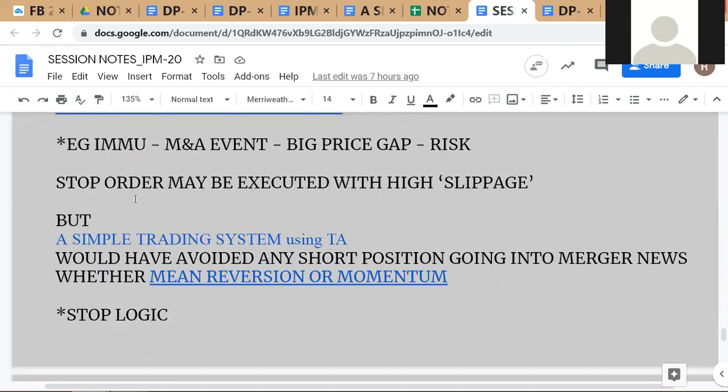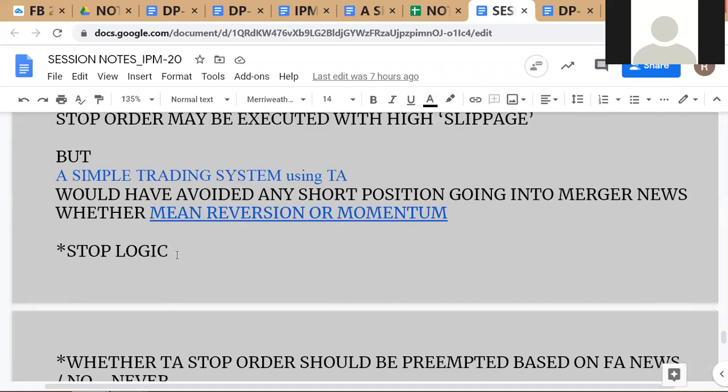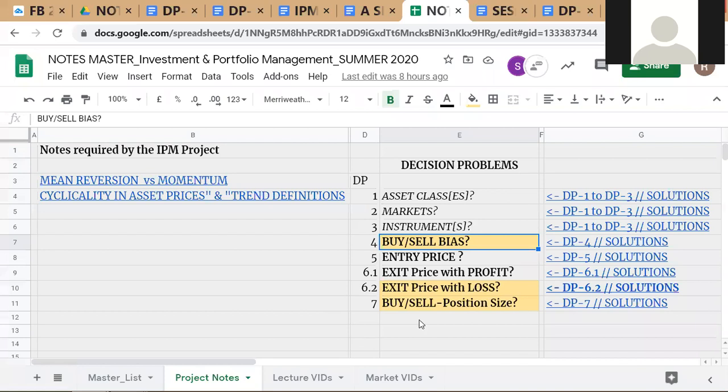And then essentially we discussed the stop logic, which is talking about this other decision problem. So remember, in our minimalistic trading system, we have these three already decided by the investor mandate. And then we only have three other problems to solve. You can see how we have an extremely simple trading system that is nevertheless quite comprehensive.